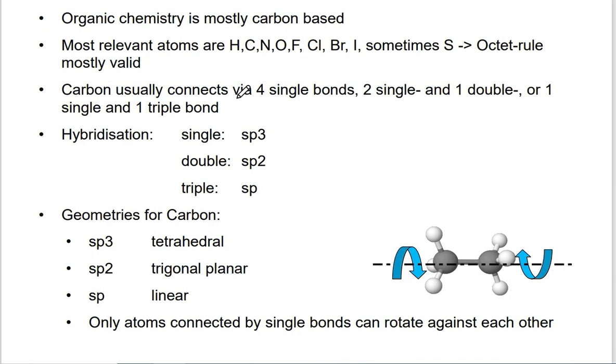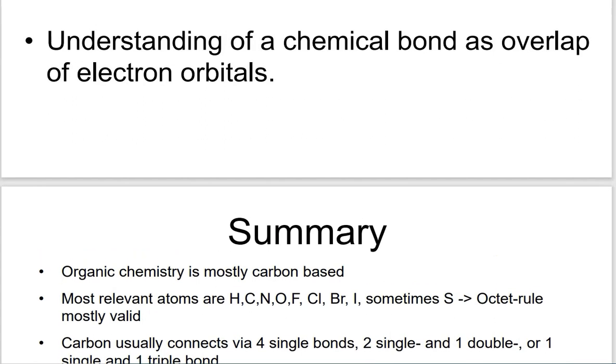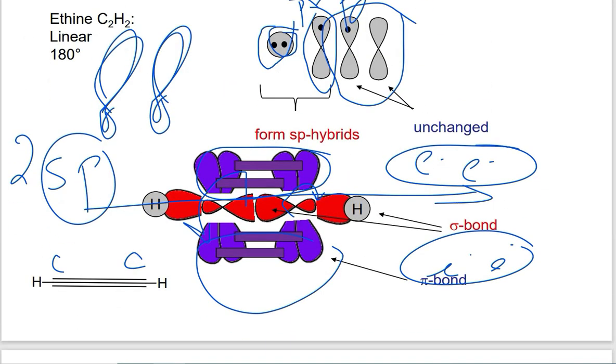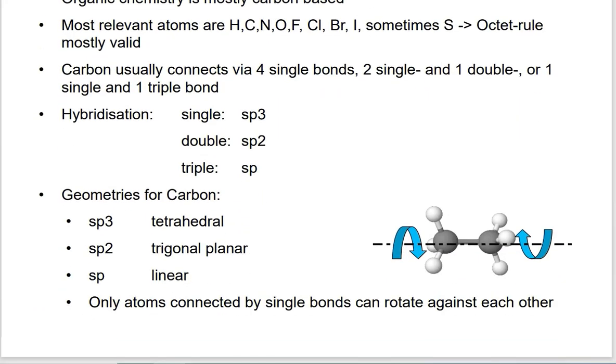So carbon usually connects via 4 single bonds, or 2 single and 1 double bond, or 1 single and 1 triple bond, like in the case of ethine, for example. 1 single, which is with the hydrogen, and 1 triple bond with the other carbon. And another characteristic is that the sp3 has a tetrahedral shape.